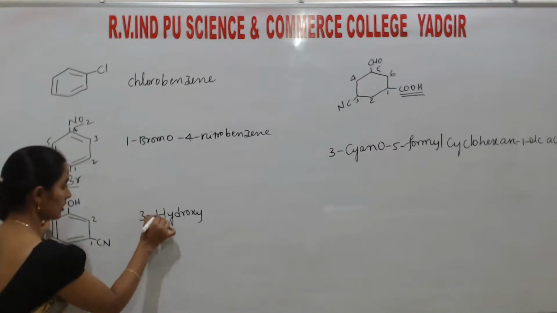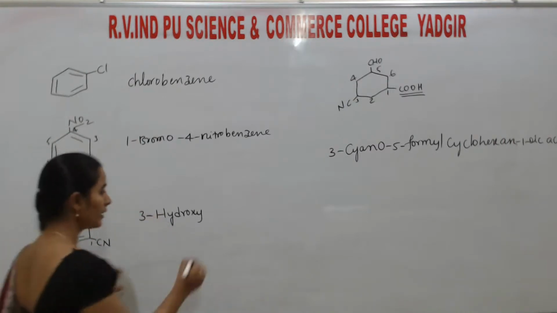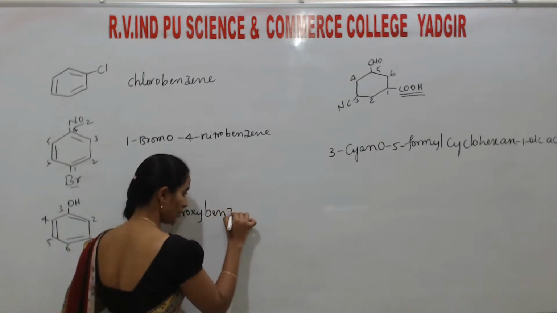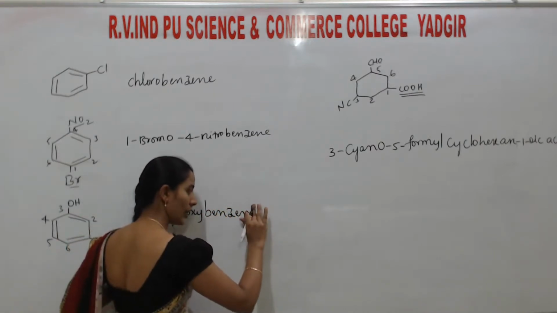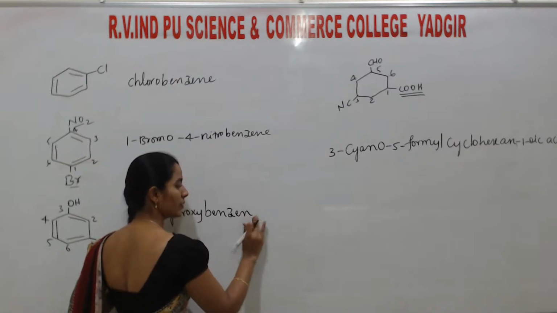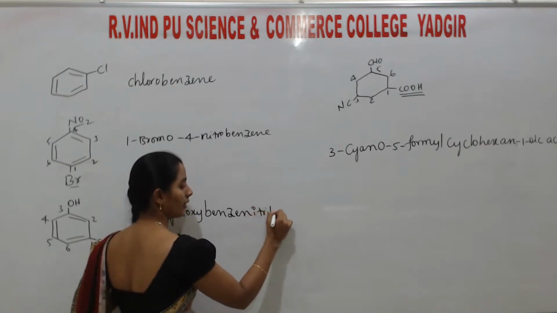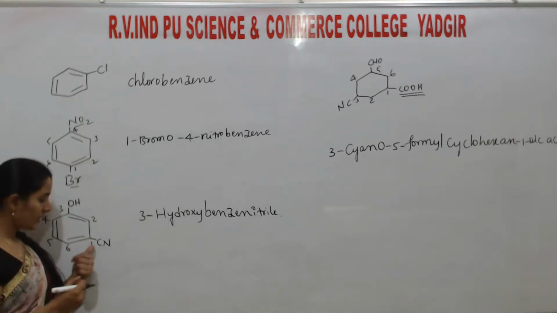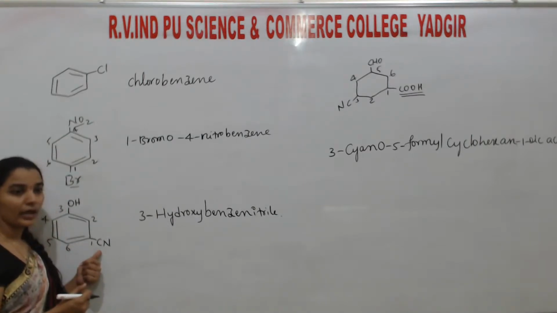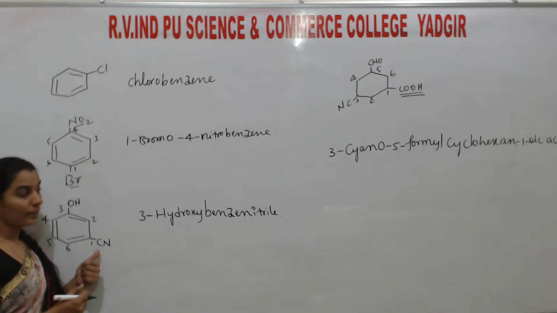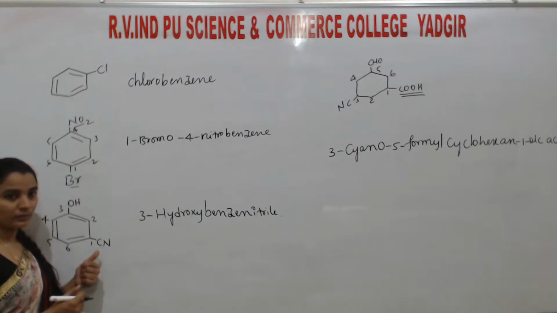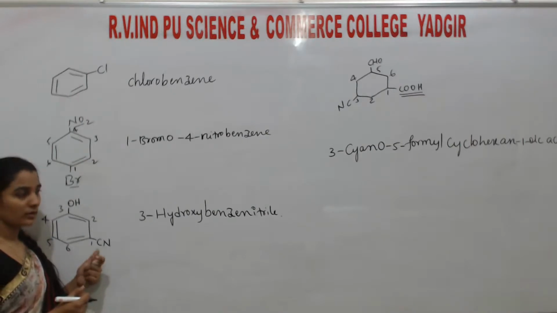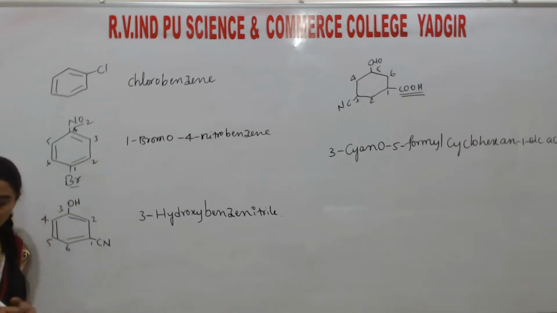So at the third position. Next, benzene is the parent chain. Benzene, the last E is replaced by nitrile. Benzene nitrile. Are you getting? This is the correct way of numbering.